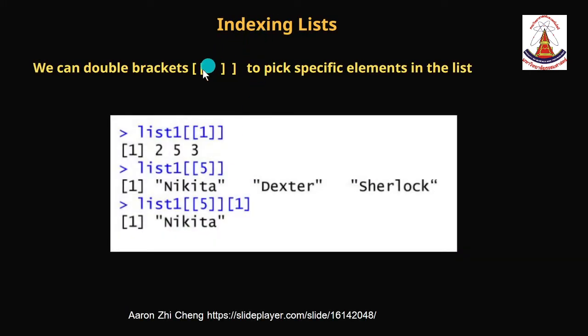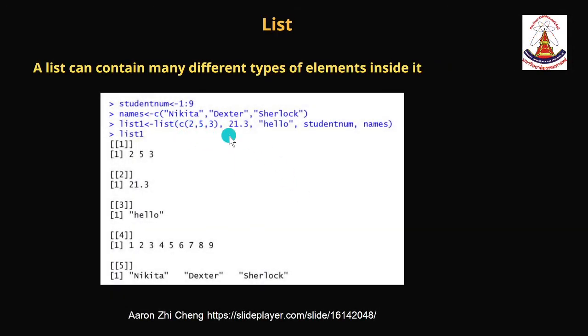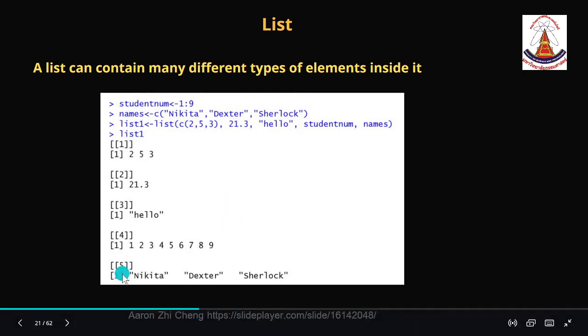Index means you reference a specific element that you need or want to display as a result like this. You call column 1, column 5, and columns 5 and 1 in the index list. In column 5, back to here, you can see column 5.